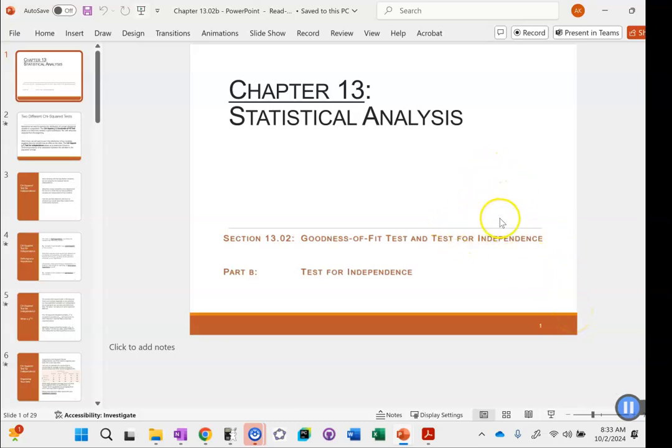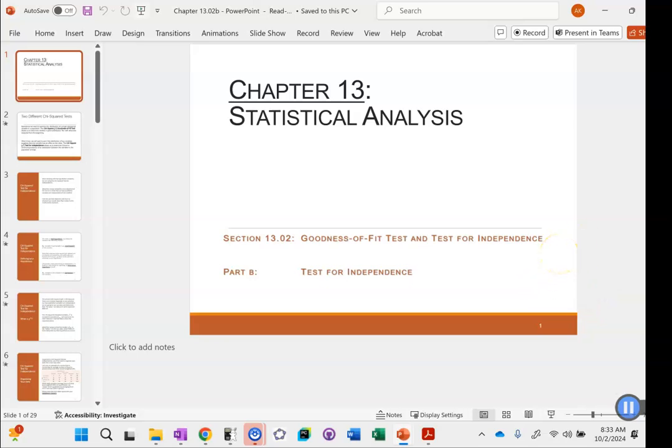If chi-squared calculated is less than or equal to the chi-squared critical, we accept the null. That's evidence in support of the null. If chi-squared calculated is greater than chi-squared critical, that is support for the alternative.